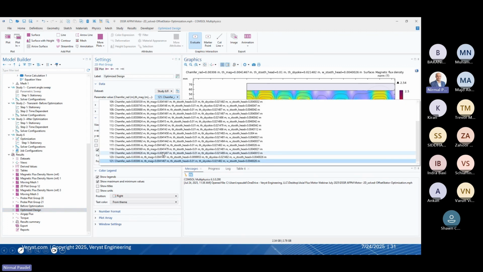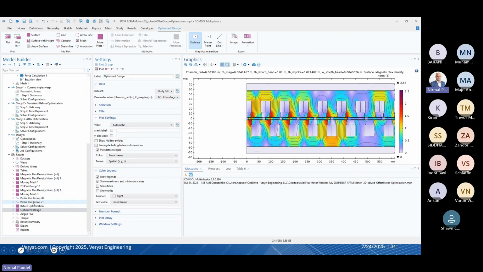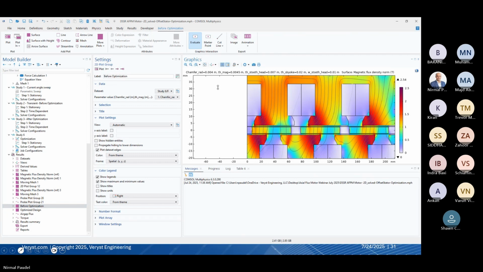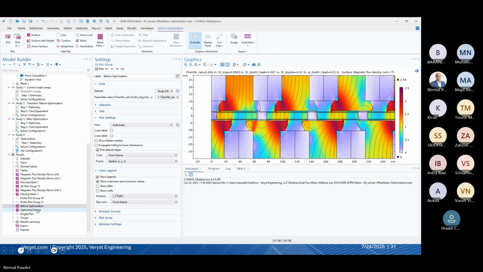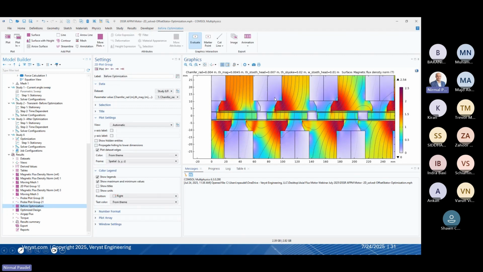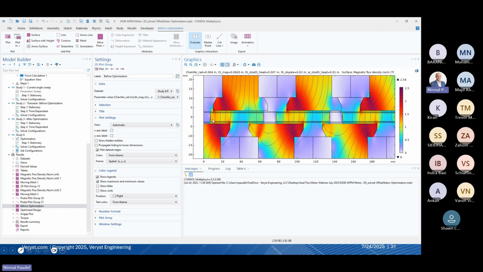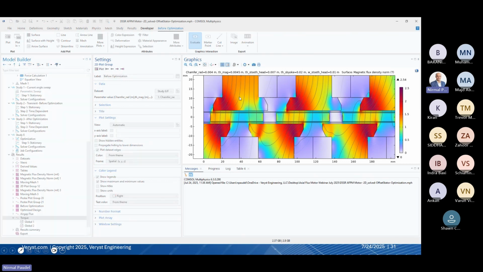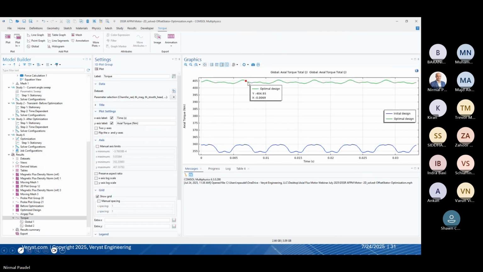So there is a comparison between the two from the optimization results. As you can see, the tooth is getting shorter, but the height is increased, and the magnet thickness decreased, and likewise. So you can clearly see the difference in those designs. Obviously that can be more quantified in terms of the torque, which is what we are interested in at the end. But this is our torque.